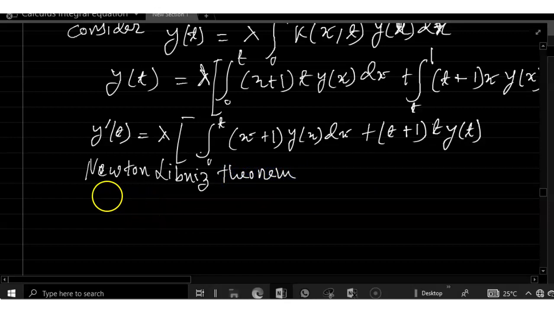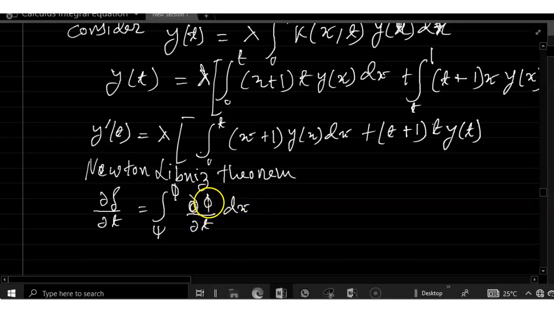So Newton Leibniz theorem is del f by del t is equal to phi into del phi by del t into dx.